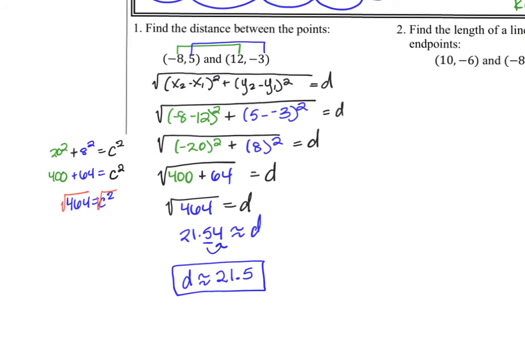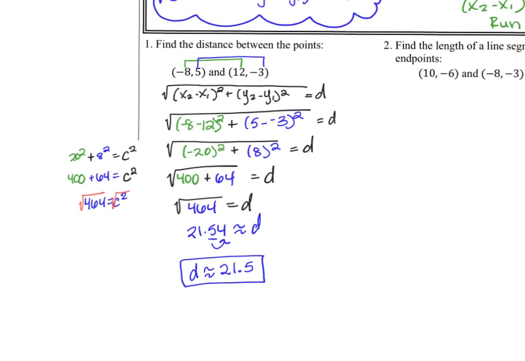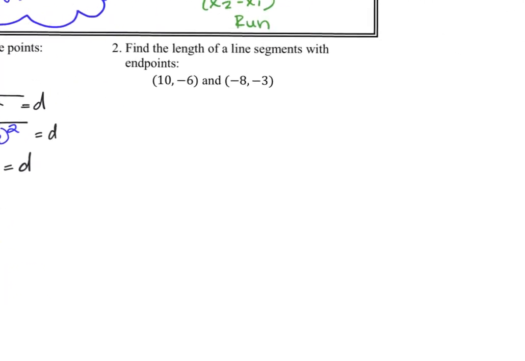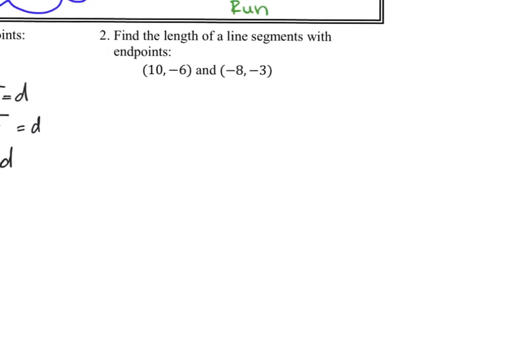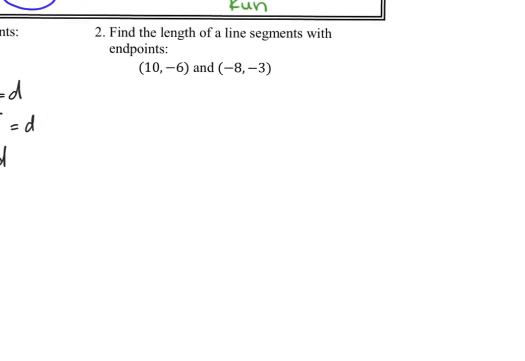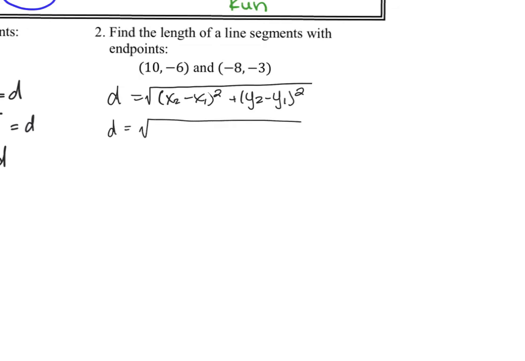So let's look at example 2. Using the distance formula to find the length of the line segments with the following endpoints. So again, I always like to write down my distance formula to help me memorize it. So first we are going to subtract the x's.